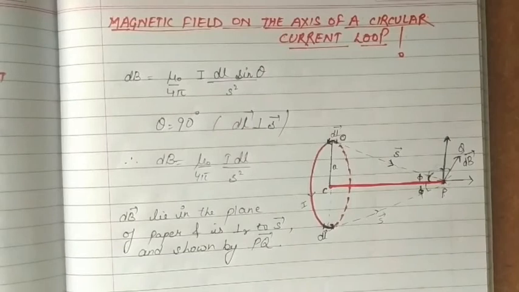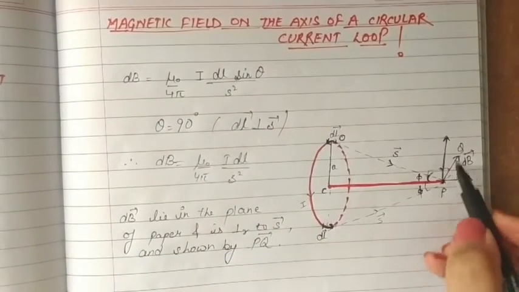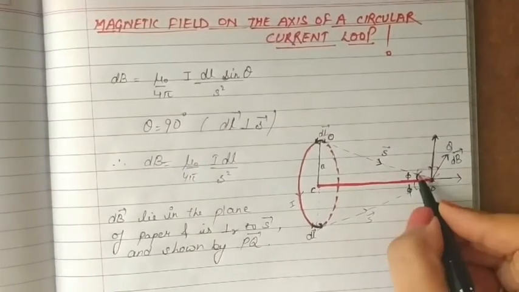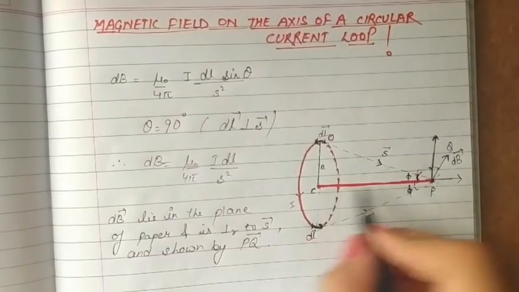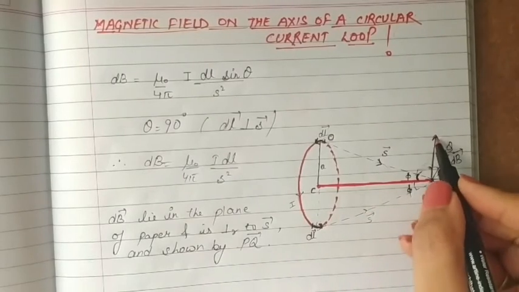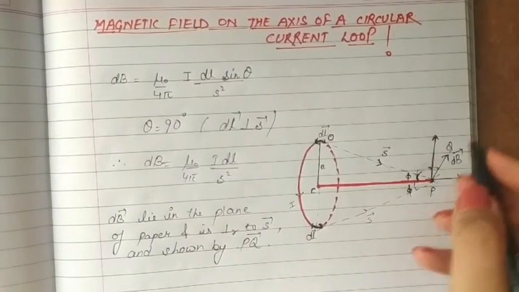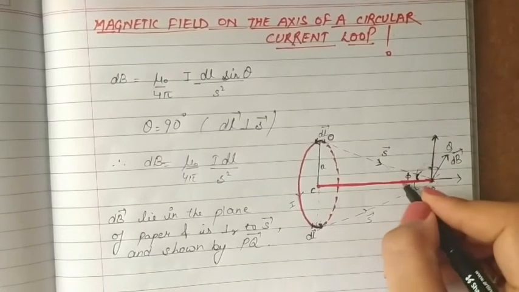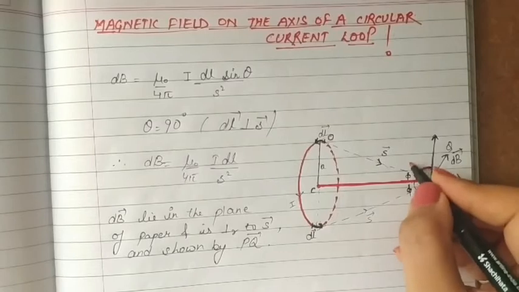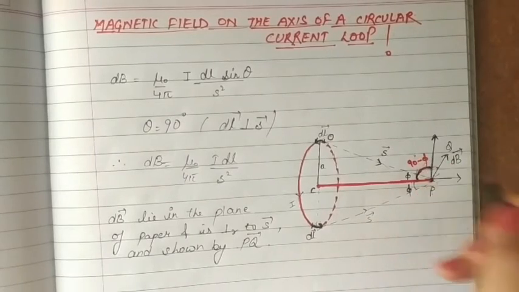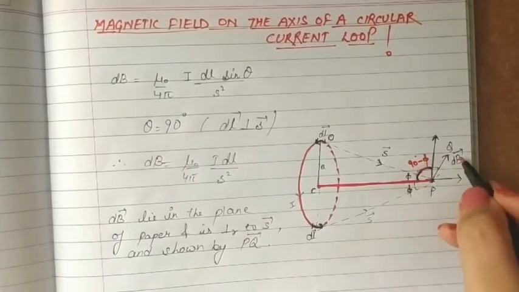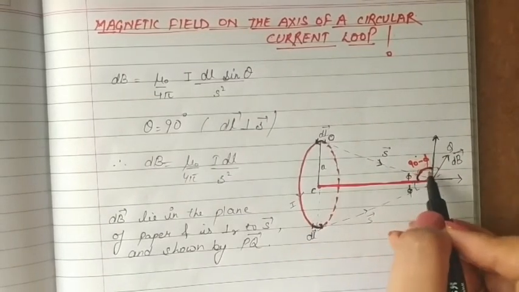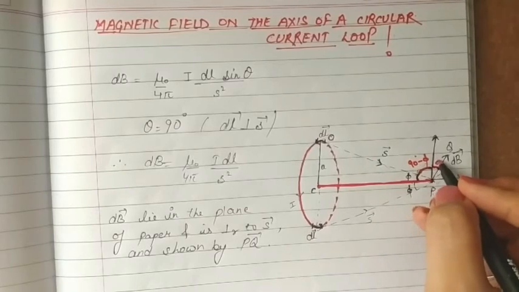Let us write it. From this component, if we see the angle, this angle CPO is phi, the angle made by the component, this whole angle is 90 degree, so the remaining angle is 90 minus phi. But we know that the dB vector is perpendicular to s vector, so this whole is 90, so the remaining angle is also phi.